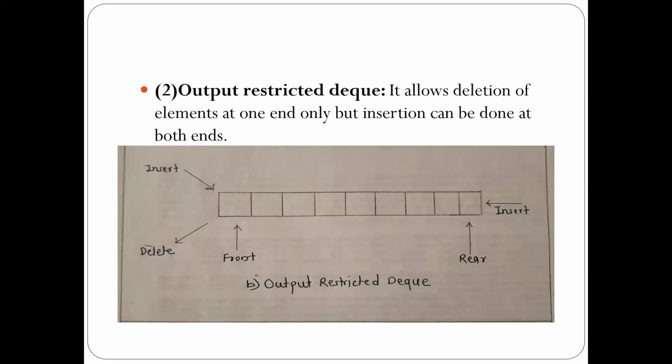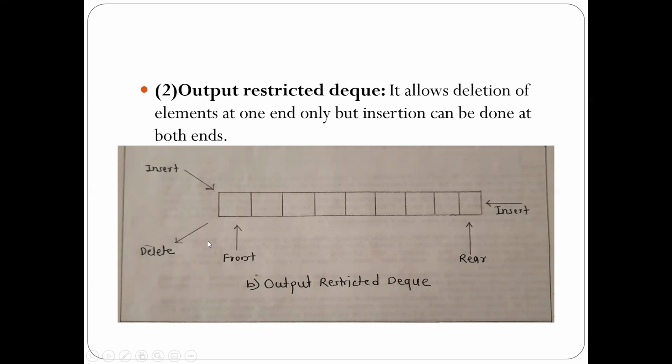The second type of the DQ is the output restricted DQ. As the name indicates, the output restricted DQ allows deletion of elements at one end only, and that end is the front end, obviously, but insertion can be done at both the ends.